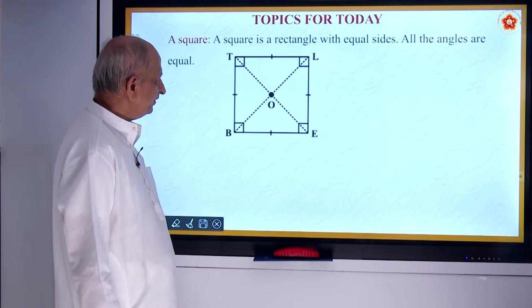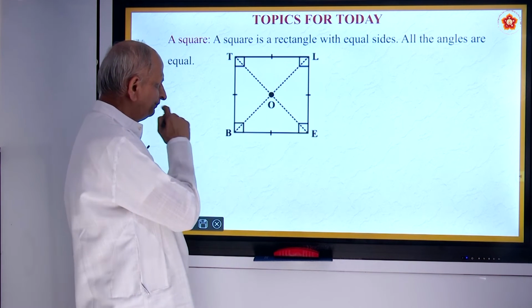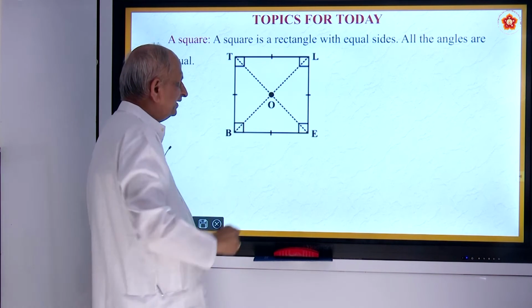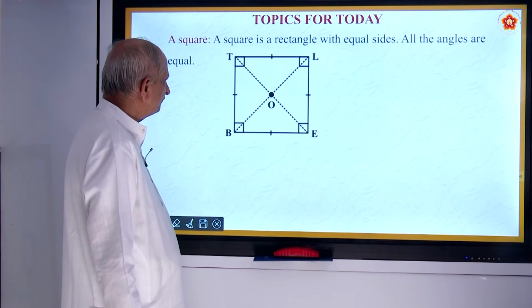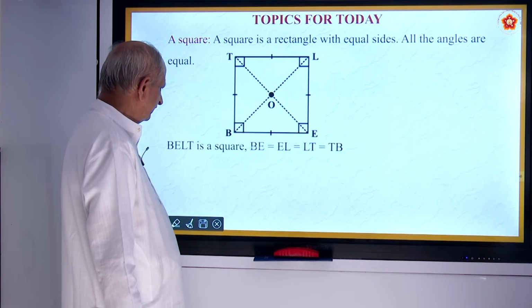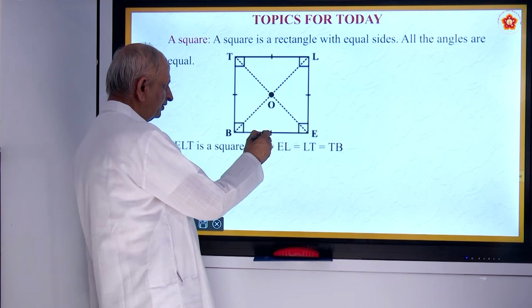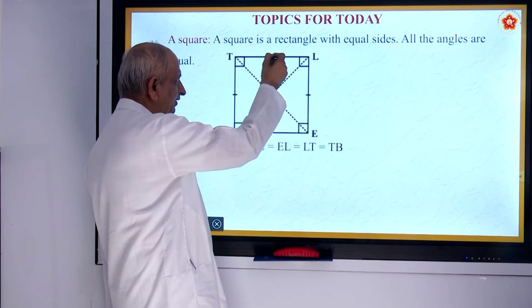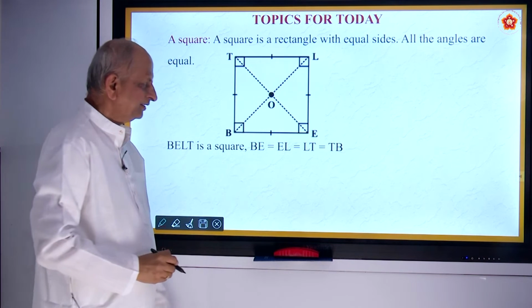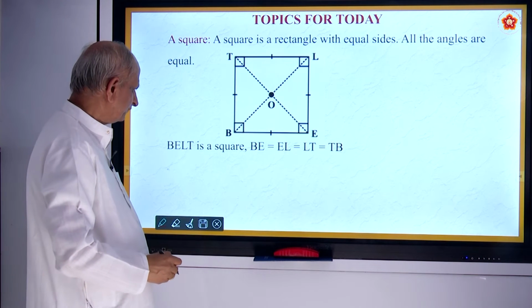So, it is a rectangle with the sides equal. So, this is the diagonal. BL and ET are called diagonals. And also we have seen in a square BE is equal to EL is equal to LT is equal to BT, means all the sides are equal.